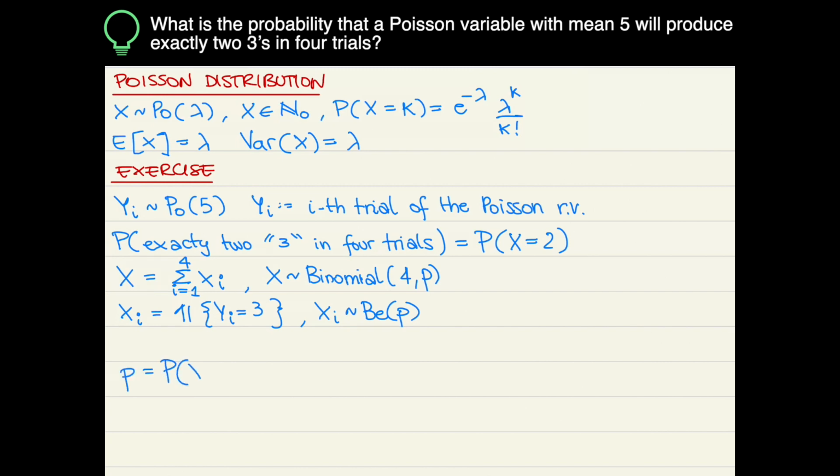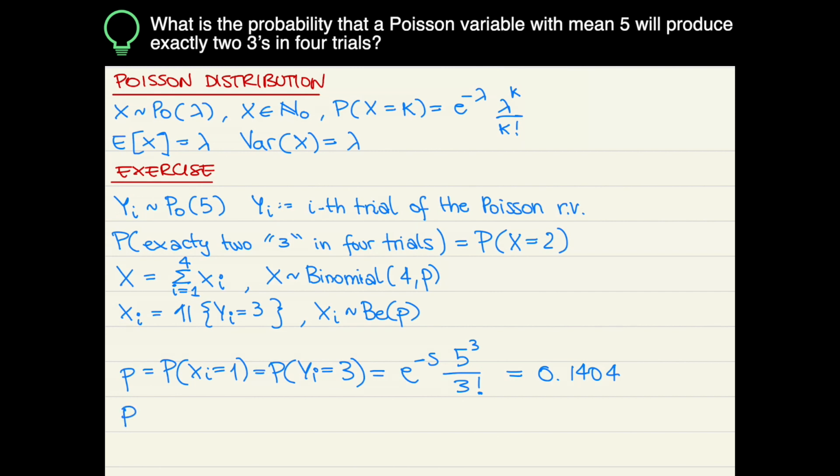p is equal to the probability for xi to be equal 1, that is the probability for yi to be equal 3. yi is a Poisson distribution, therefore we can simply use its probability mass function. The probability that yi is equal to 3 is equal to 0.1404.